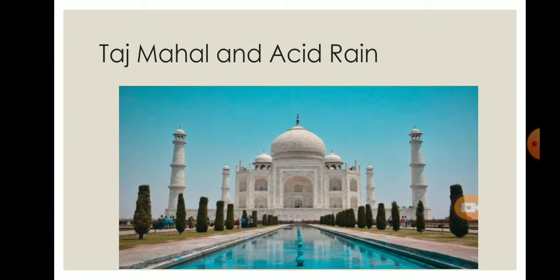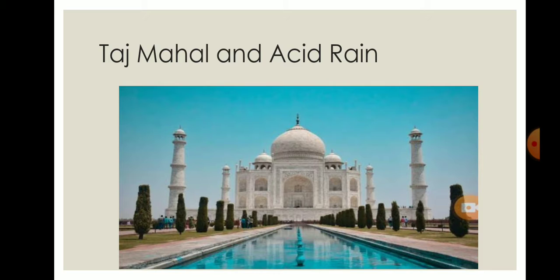Okay, here you can see this beautiful Taj Mahal. Okay, students, this also suffers from this acid rain. Okay, so here it is near the area of Kanpur city, or Agra, where there are lots of industries, and more population exists in that area, and they are using automobiles.